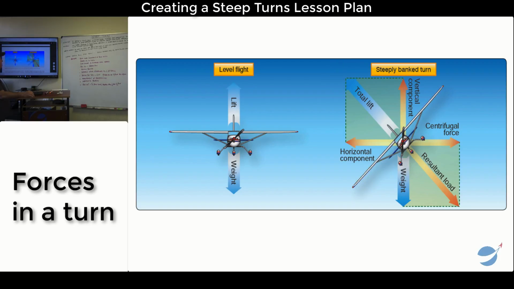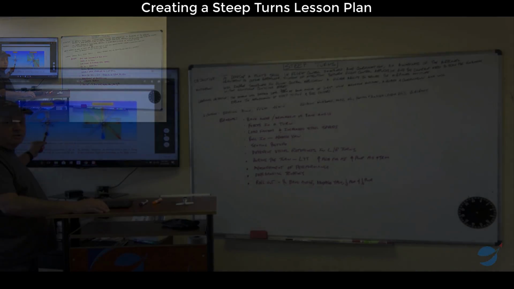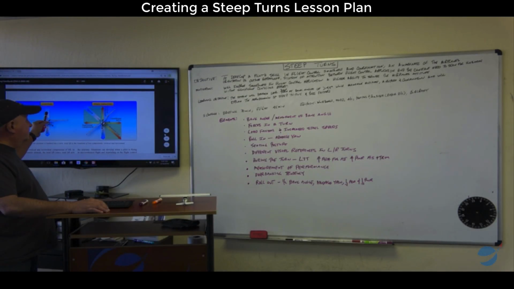The problem with that is that if we don't do something about it, we're going to descend. The reason for that is because this number, if we use a 172 as an example, was 2,550 pounds at full gross weight. This number, 2,550, of lift that way keeps you where you are. Well, if we turn this way, the weight's still 2,550.